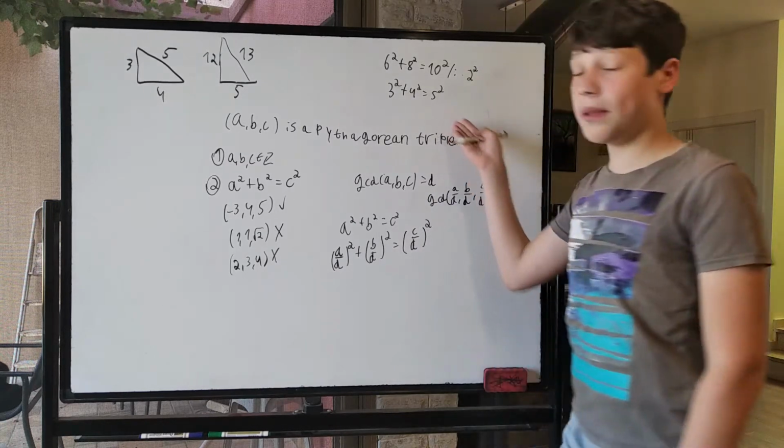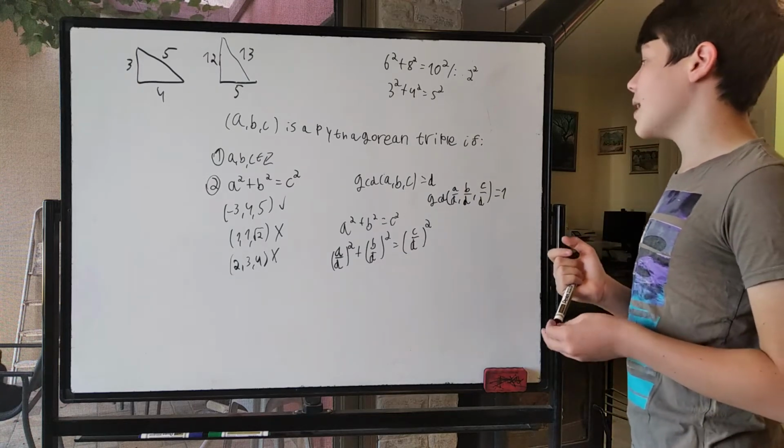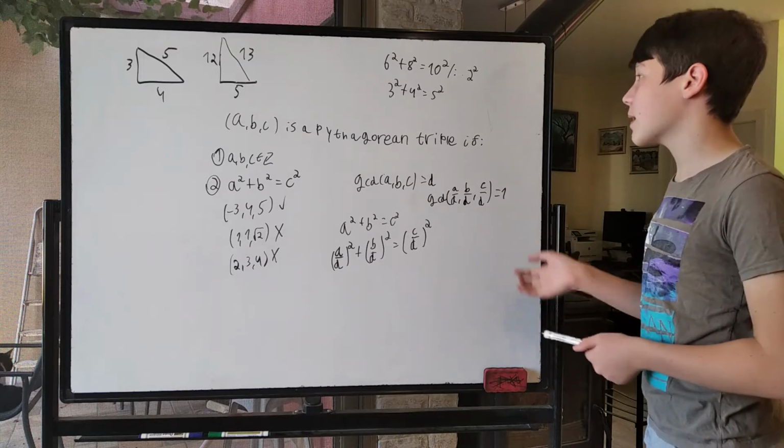And we know this is a Pythagorean triple, it has to be. And it's also a primitive one, just like we expected.